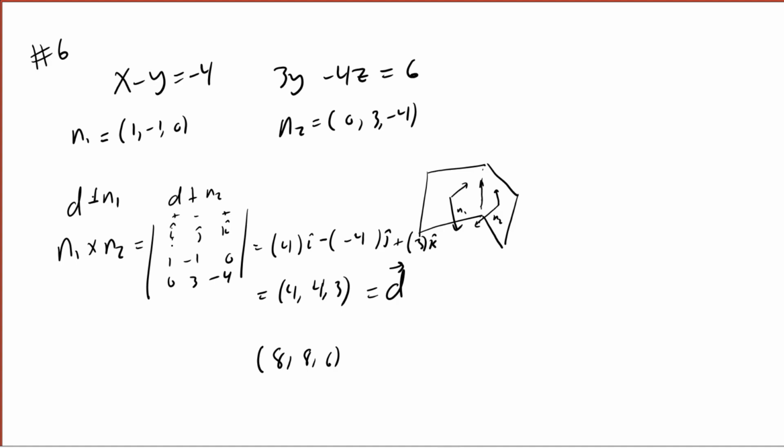Cross out i, we have 4 minus 0. Cross out j, we have 1 times minus 4, which is minus 4, minus 0. And cross out this, we have 3. Yeah, okay. So this is my direction vector, and I'm going to answer E. The answer choice isn't up there.